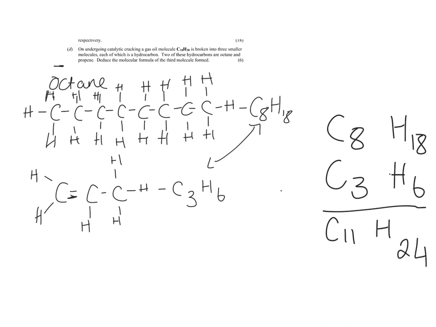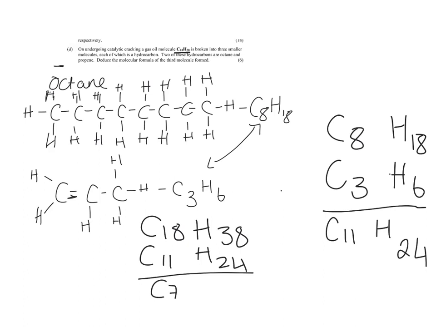Now the only place these could have come from is my C18H38. So what I need to do now is take these away from each other. I have C11, H24, and I'm going to take those 2 numbers away from C18H38. So I'm left over with C7H14, and it's asking me to just deduce the molecular formula. It's not asking you to draw it, so that's perfect.